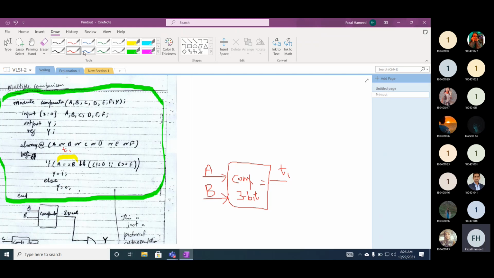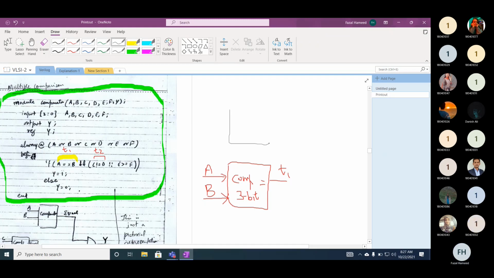Let's assume that this C is not equal to D is T2. So now we need another comparator. Okay, not equal to. So we have an equal comparator again, and at the output of this equal comparator we need an inverter.